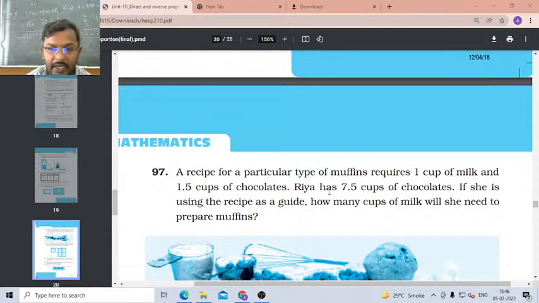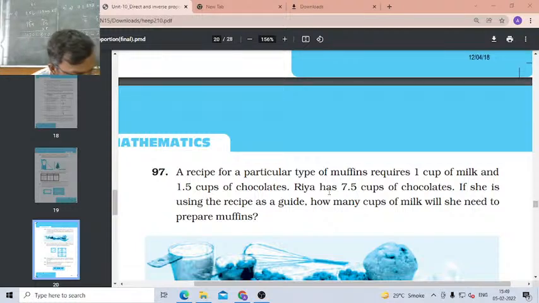So now we have to find how many cups of milk are required to make these muffins. You know that for 1 cup of milk, we need 1.5 cups of chocolate. Now for 7.5 cups of chocolate, how much milk is required? That we have to find here.